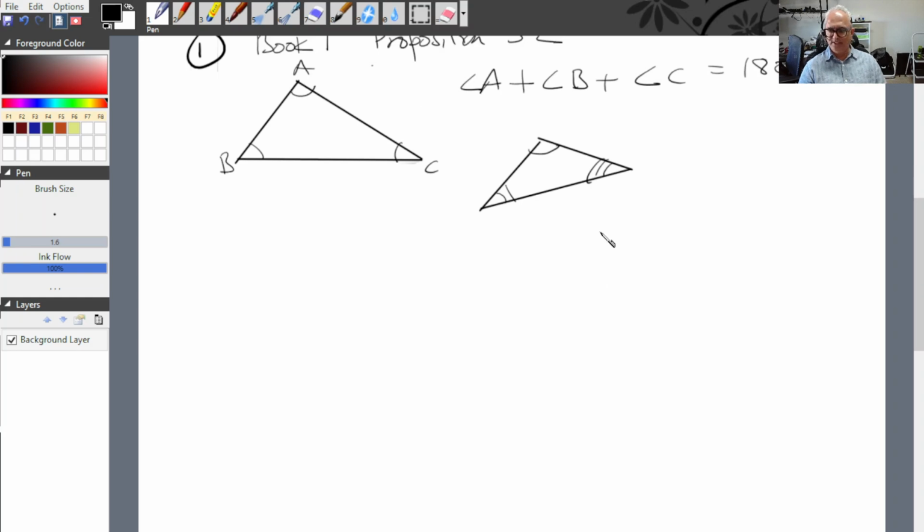The second one deals with the area of a triangle.